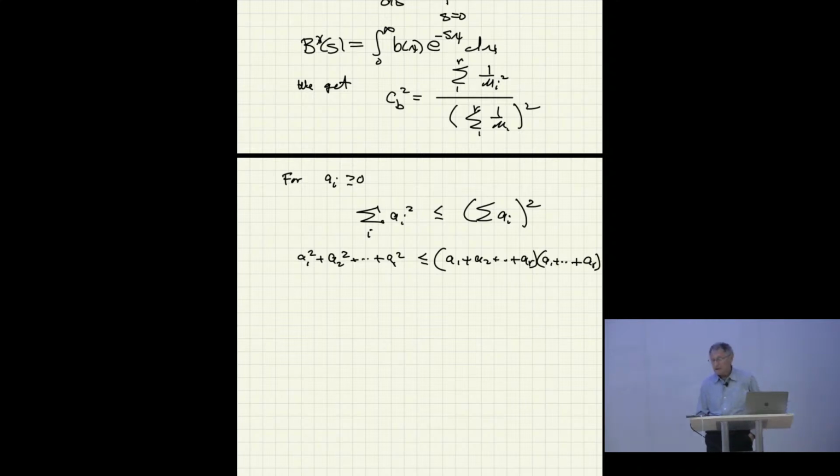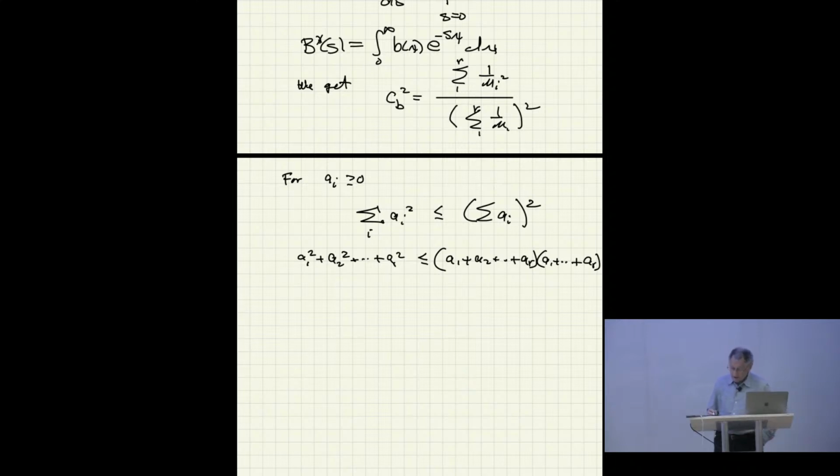Now clearly on the right-hand side, you're going to get a sum of the A squared and all the cross terms, and they're all positive. So if you only consider the square terms, the right-hand side becomes smaller. Okay, so that's obvious.